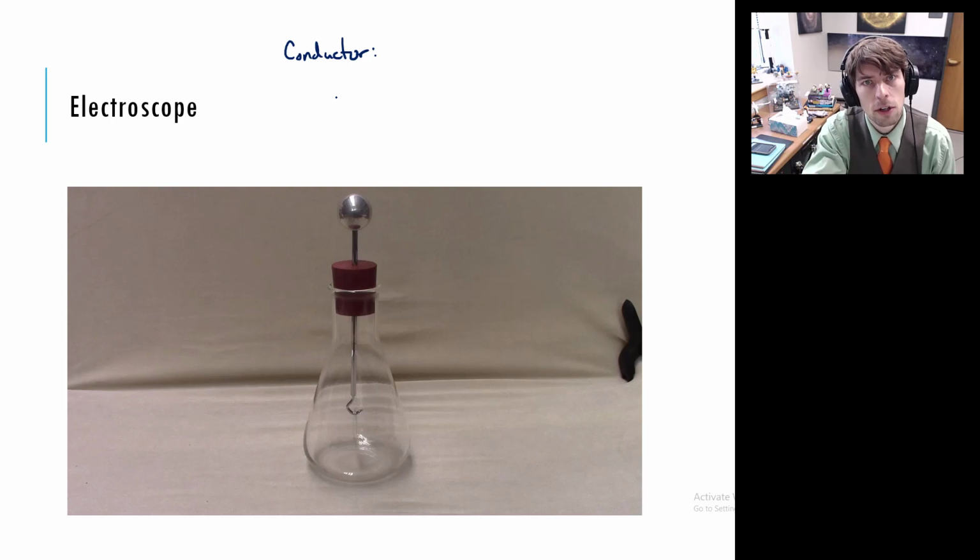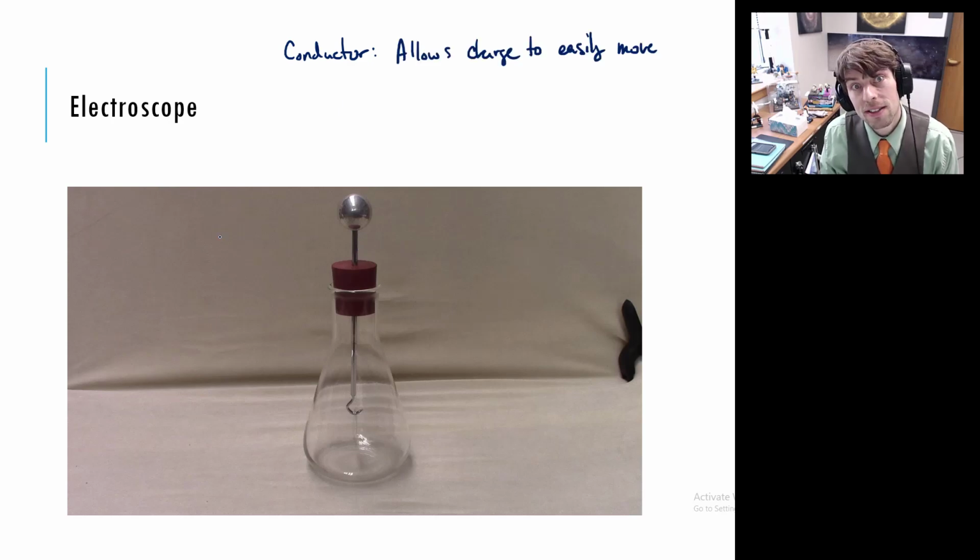When we call a material a conductor, what does that actually mean? You got it? Good. So when we say a material is conducting, how I will define it is that it allows charge to move easily through the material. And what do we call a material that does not allow charge to easily move?